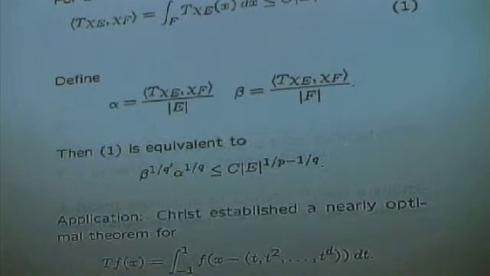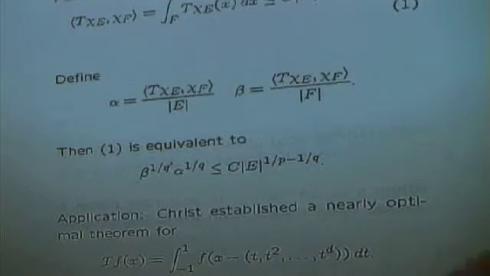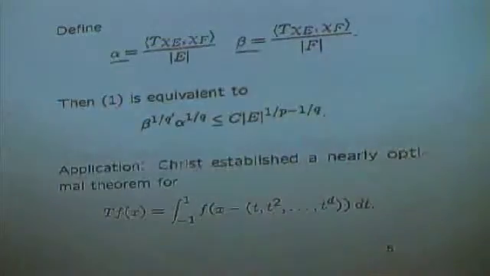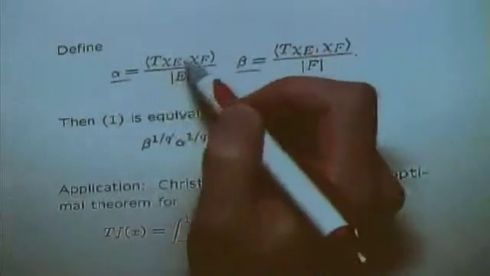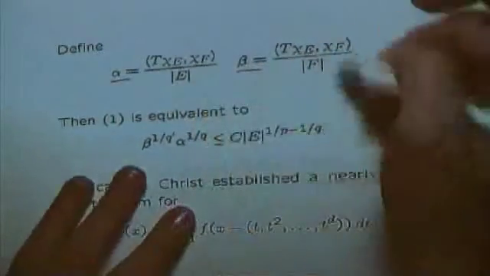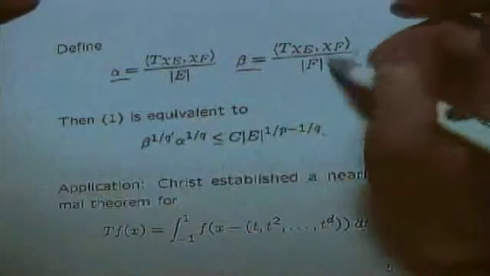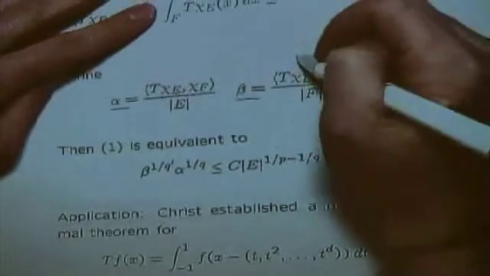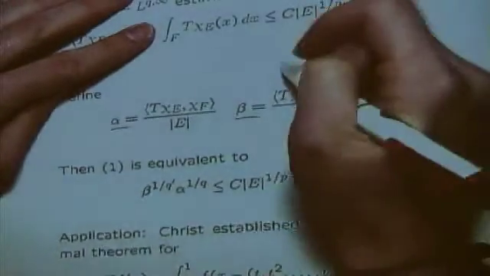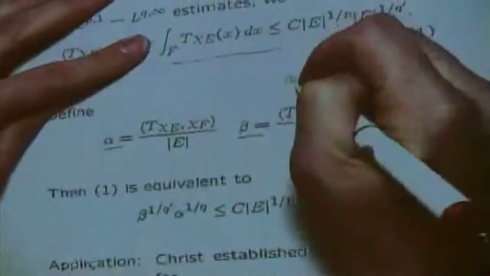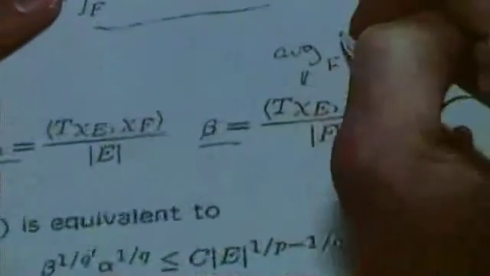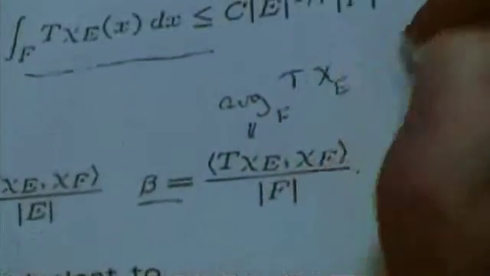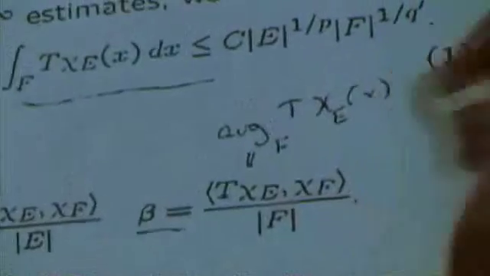So what's often done is one defines these numbers alpha and beta: alpha is the pairing of T chi_E with chi_F over the size of E, and beta is the pairing of T chi_E with chi_F over the size of F. So, for instance, this is equal to the average on F of T chi_E of x.